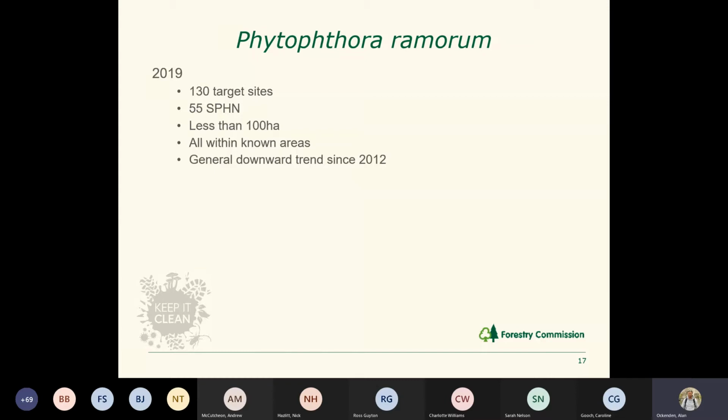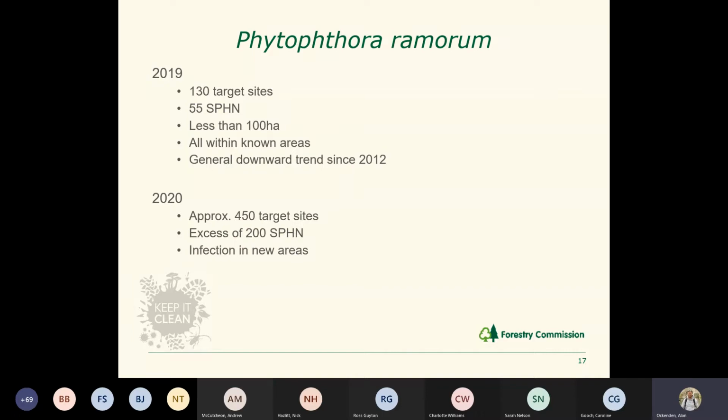So back in 2019, we had around about 130 target sites, 55 SPHNs, and they were all really for quite small areas, quite often down to the level of single tree infections. And those were all within areas that we know were infected in previous seasons. And that's been the focus of a downward trend since about 2012.